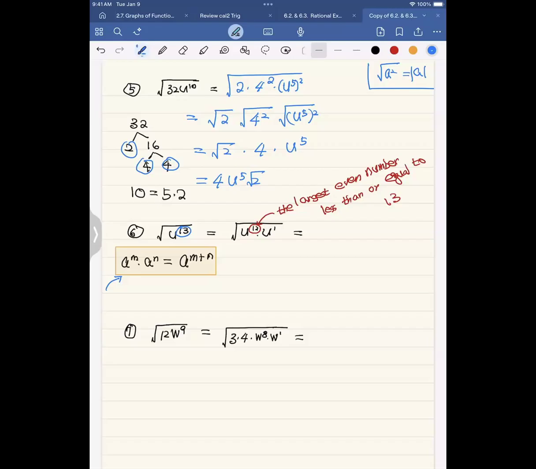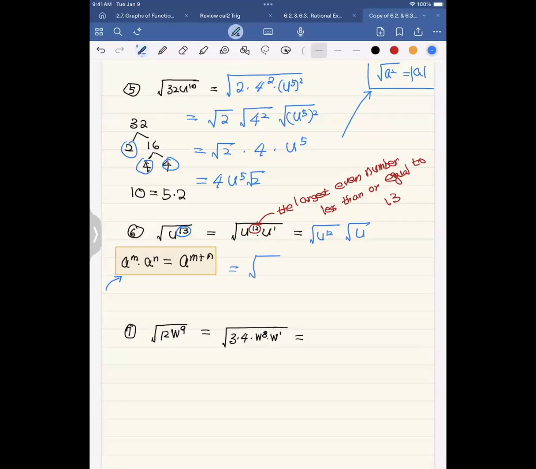The reason is we can remove the square root for the even number power part. So after we do it, we split that like this.